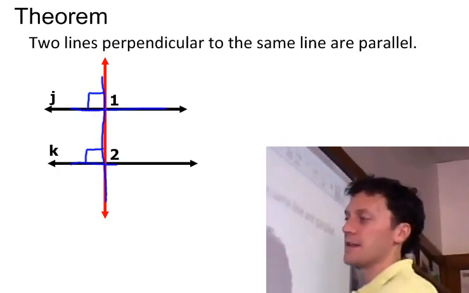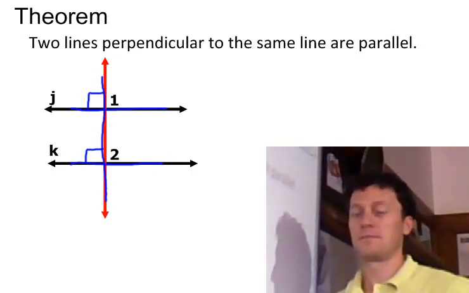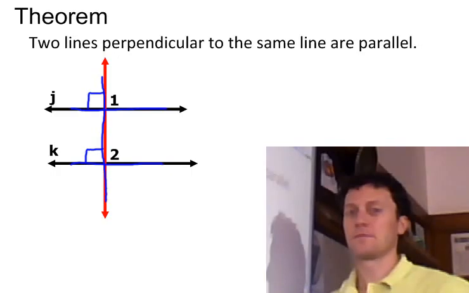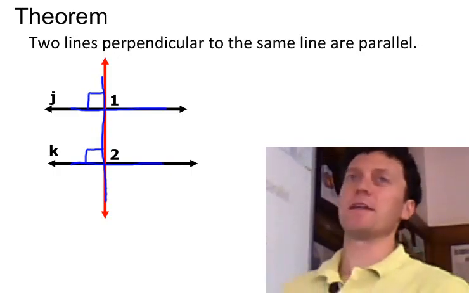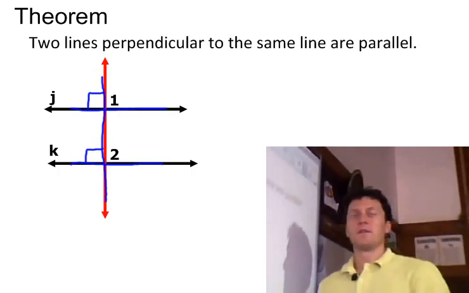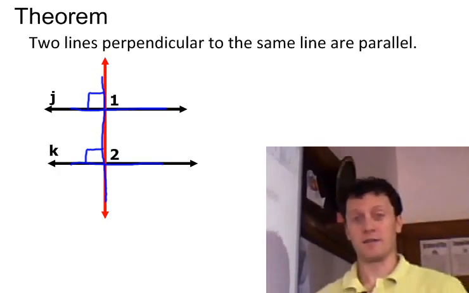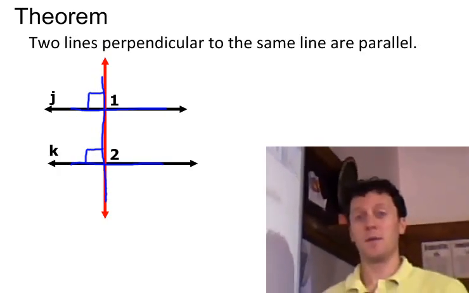Then lines J and K are parallel. So if we were to turn this into an if-then statement, I would say if two lines are perpendicular to the same line, then the lines are parallel.